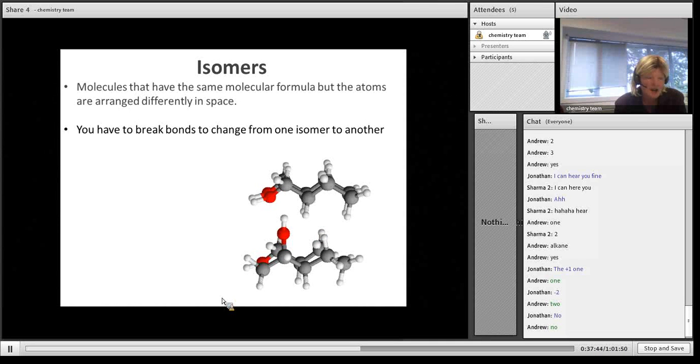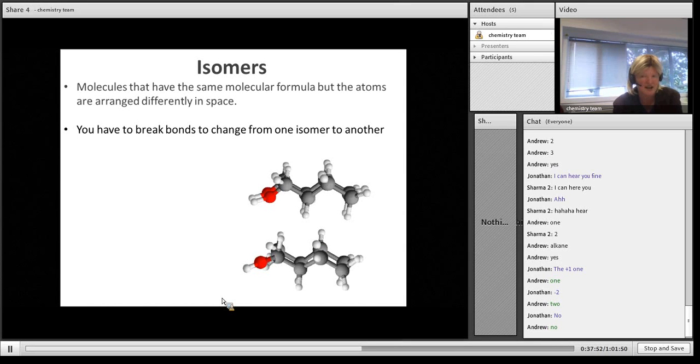To make them match up, I actually have to break that bond, put it so it superimposes, and do the same thing with the hydrogen. I haven't bothered with that. So that's the difference between drawing the same molecule and drawing an isomer. To change from one isomer to the other, you've got to actually break a bond.